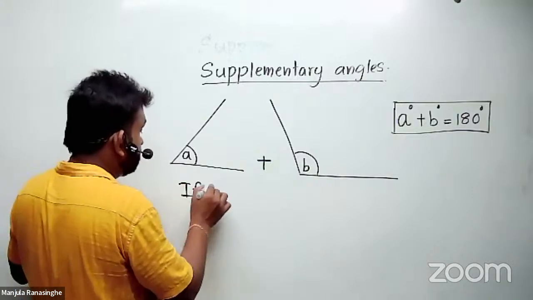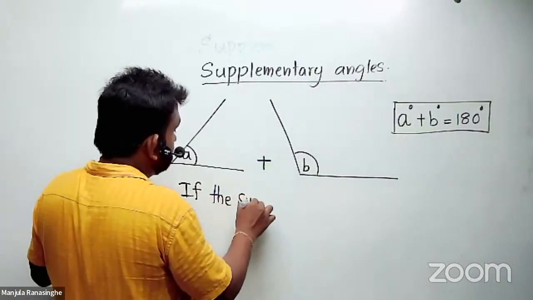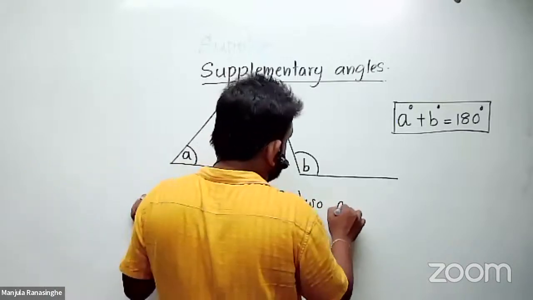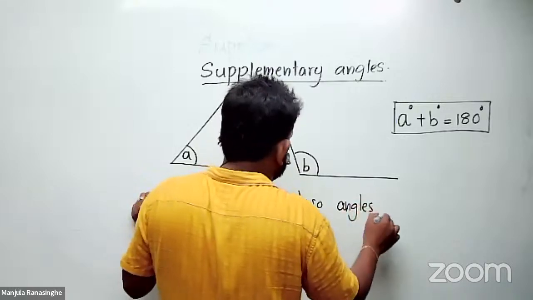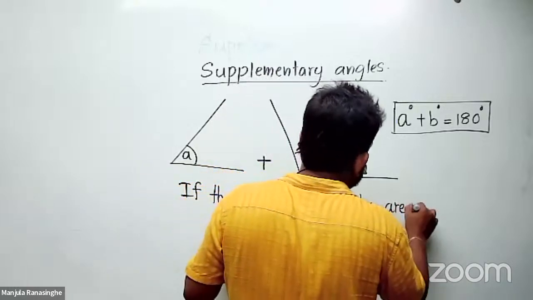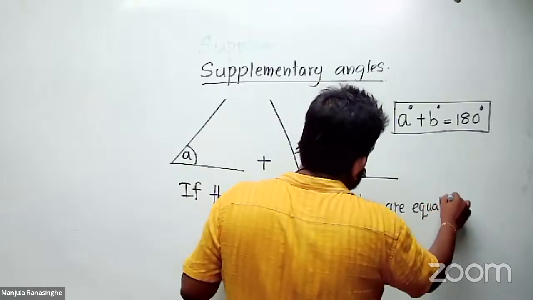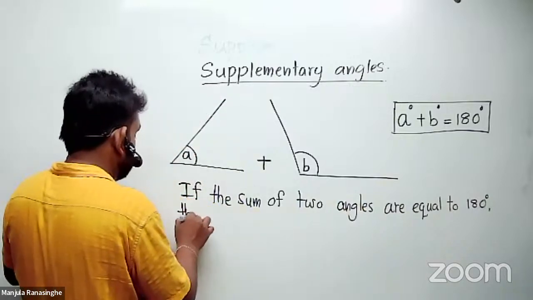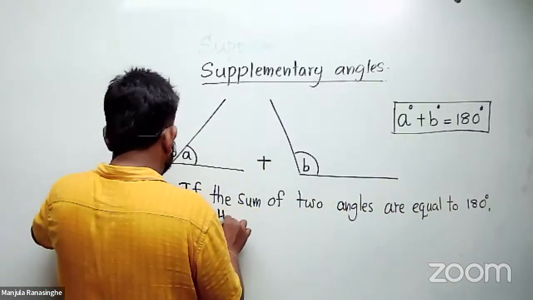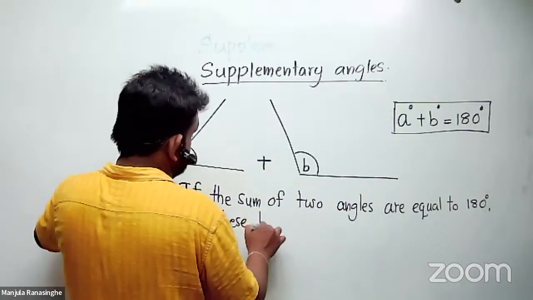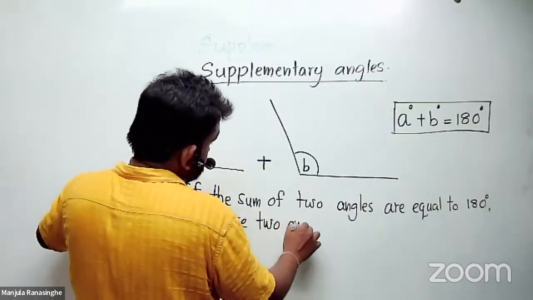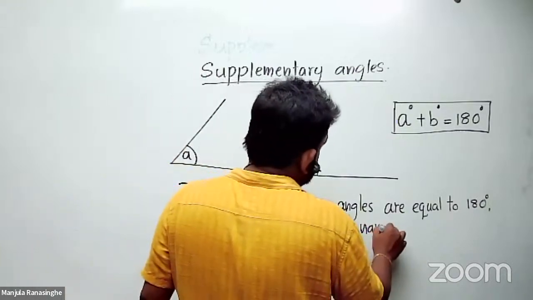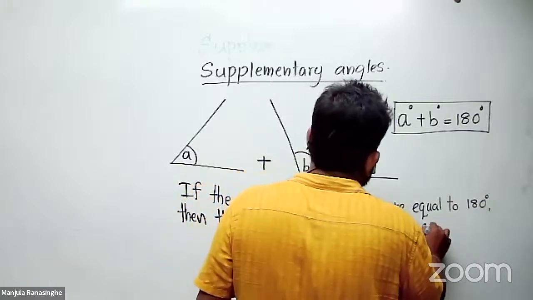If the sum of two angles is equal to 180 degrees, then these two angles are named supplementary angles.